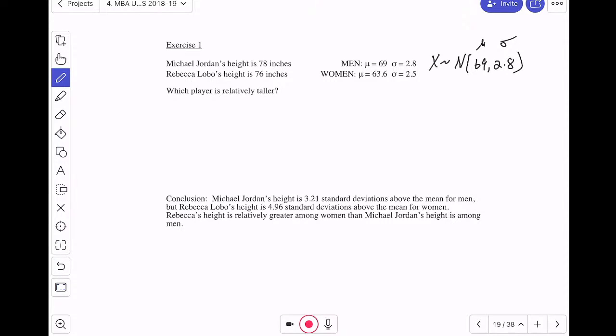And that's for men. I can put an M here, that's for men. And for women, heights are distributed, this means distributed, normally with 63.6 and 2.5.